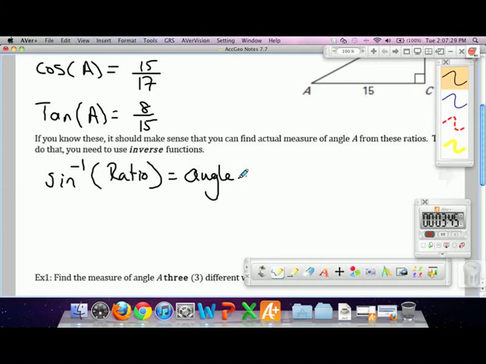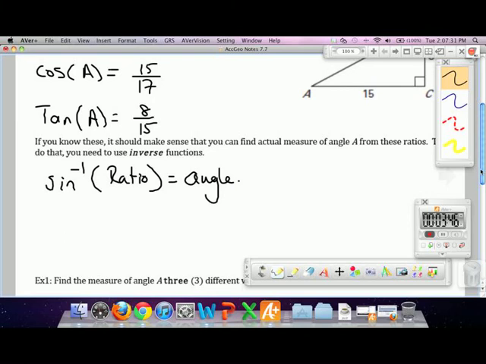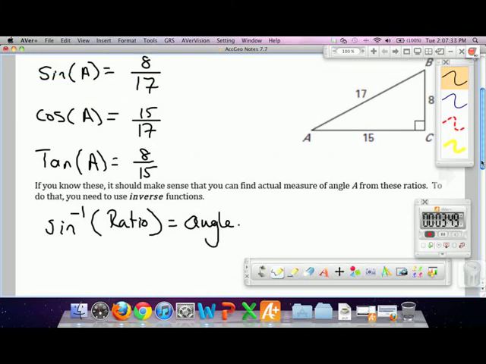More specifically, let's say we look at our first example up here. If we could use the inverse function of sine and apply it to this ratio, we'd get whatever was inside. And lo and behold, your graph calculators specifically have an inverse function for each sine, cosine, and tangent.